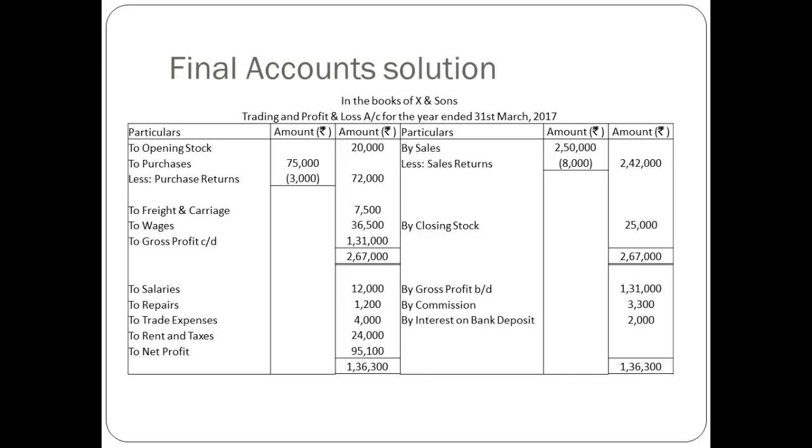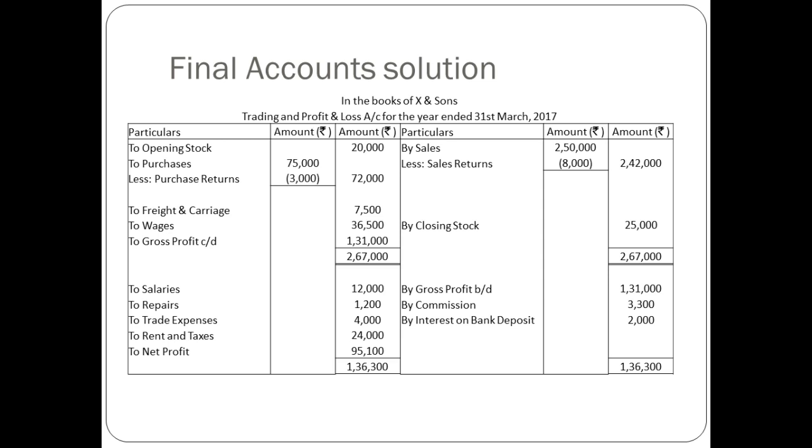We have understood how to prepare the trading account, profit and loss account and balance sheet separately in our presentation. But when we will be solving the final accounts problem, the trading and profit and loss account should come together. First part the trading account and second part the profit and loss account.